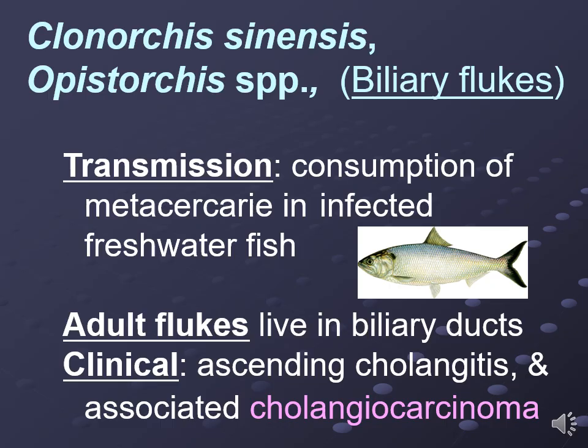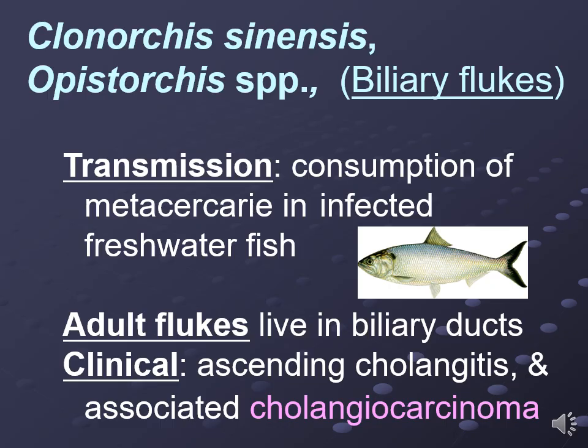Those cercariae go in between the scales of the fish, and there they round up on themselves to develop into metacercariae. So upon the ingestion of those fish, people may get infected. If the fish are raw, not cooked, they may produce infection, of course.